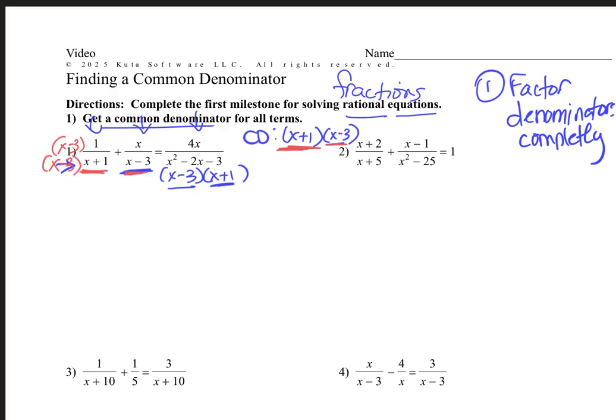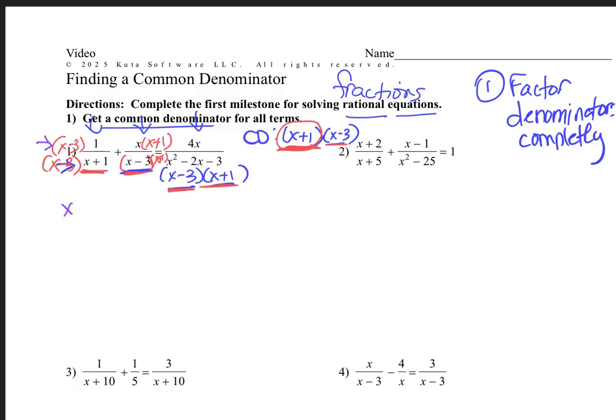This one here has an x minus 3. It needs the x plus 1. So I multiply the top and the bottom by x plus 1. This one here has an x minus 3. It has an x plus 1, so it doesn't need anything. All right, so I'm going to rewrite this so you can see what it is.